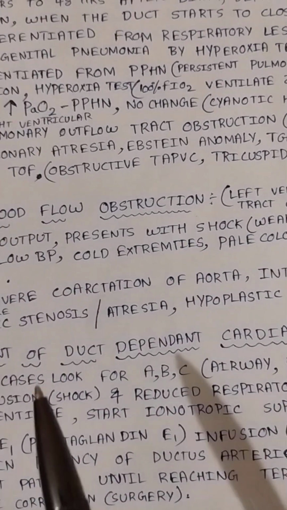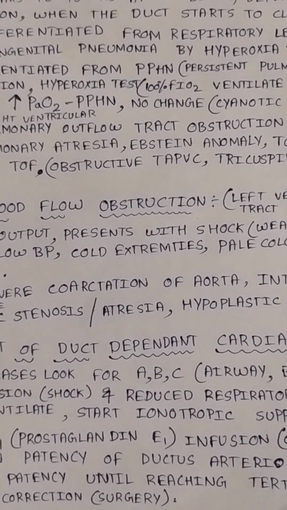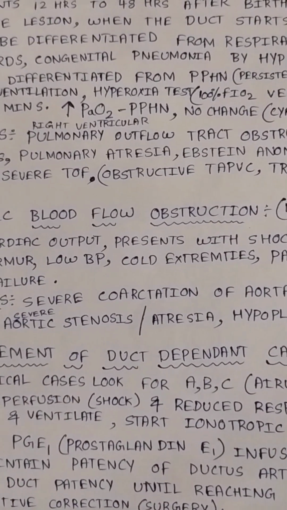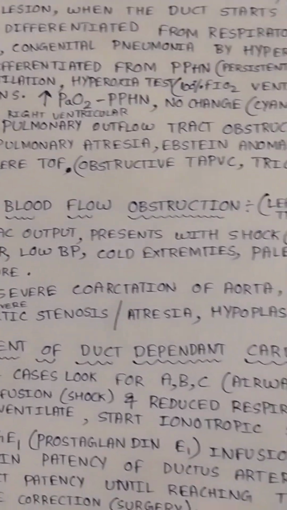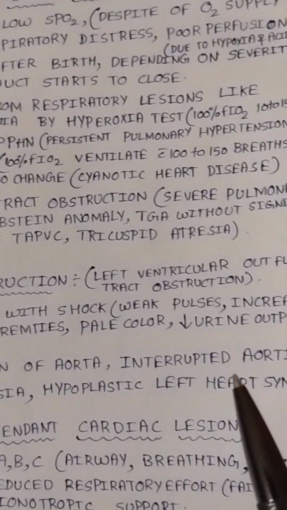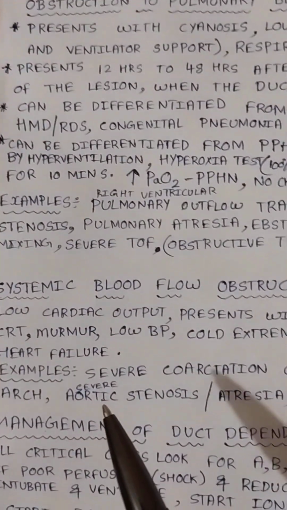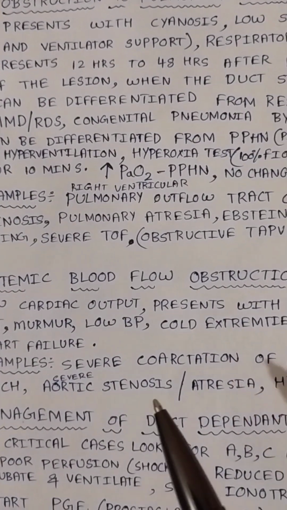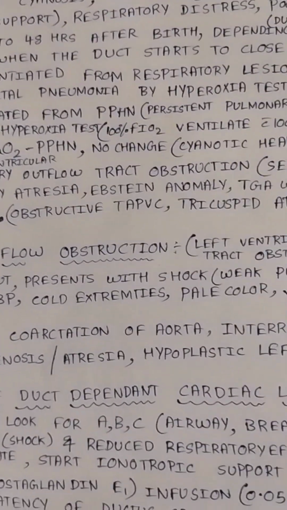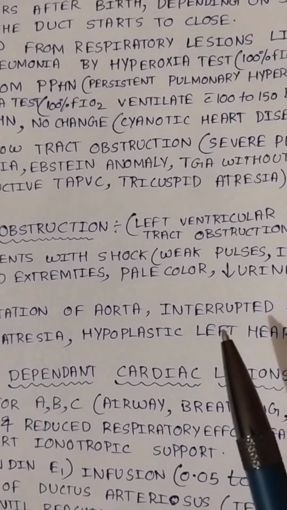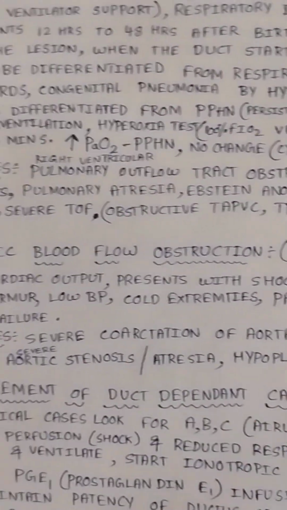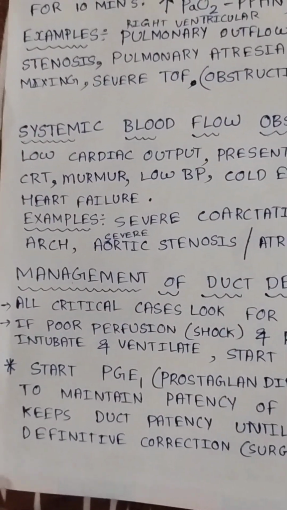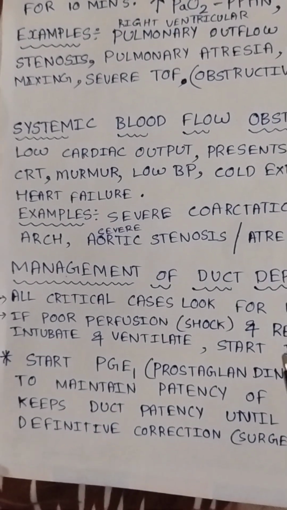So in all these lesions, severe coarctation of aorta, interrupted aortic arch, severe aortic stenosis or atresia, hypoplastic left heart syndrome, there will be obstruction to the systemic blood flow.